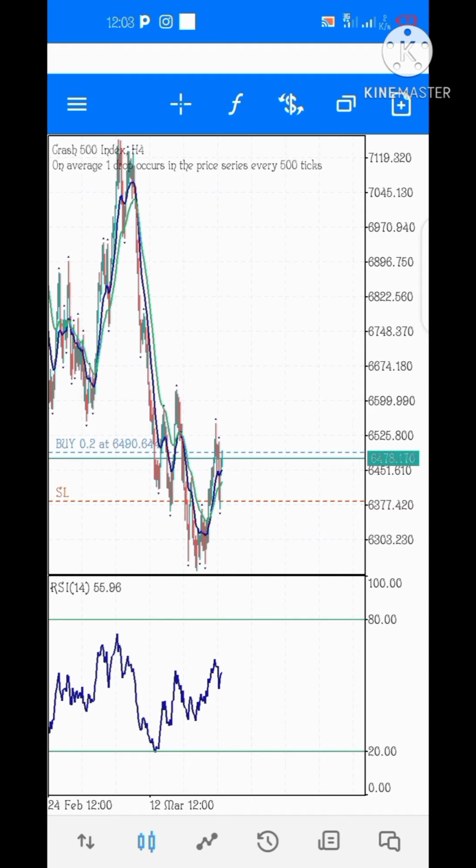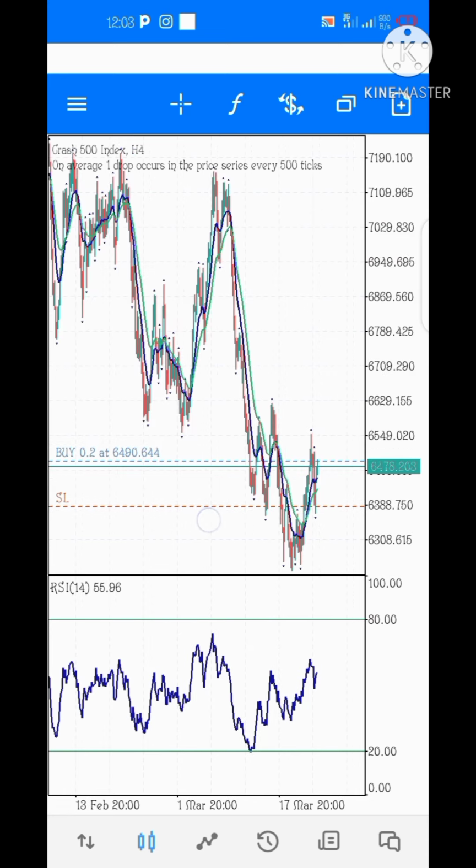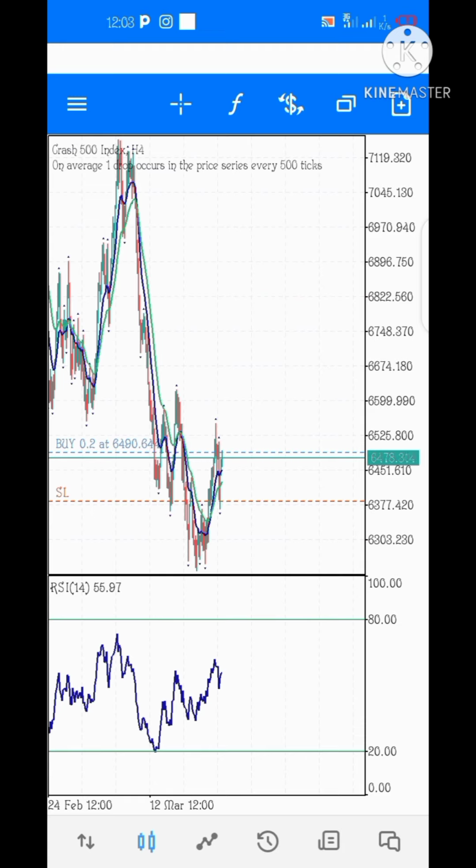So let me start from the relative strength index. I use it for so many things. I use it to determine the strength of the market.